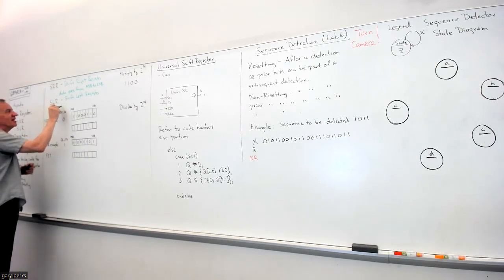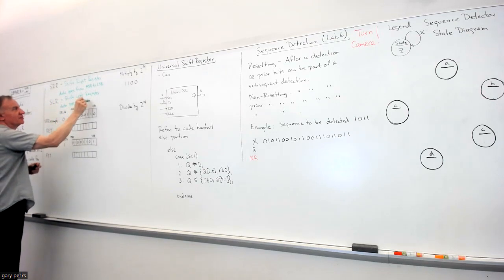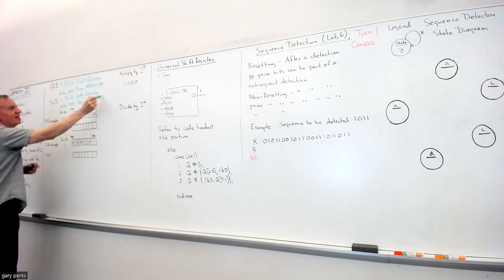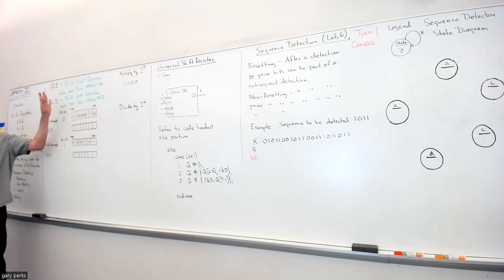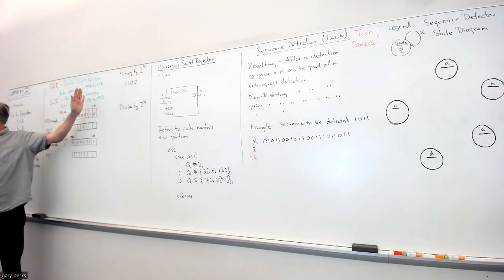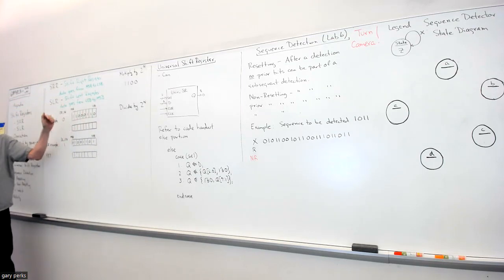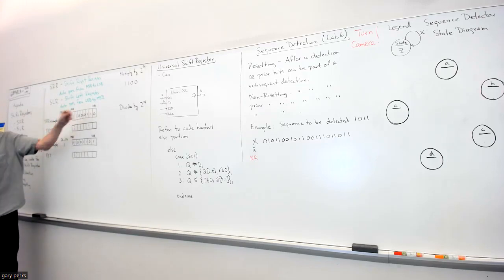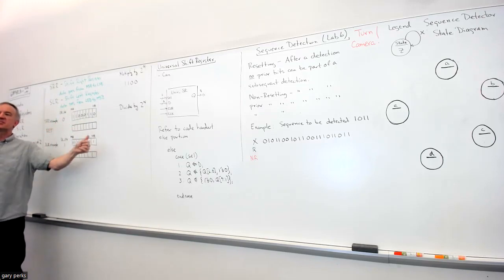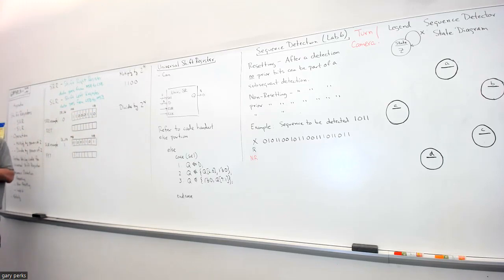So shift left, data goes from the least significant bit to the most significant. And if you think about it, it kind of makes sense, right? Because we think of the most significant bit being furthest to the left and the least significant bit being furthest to the right. So if the data is going most significant to least significant, it's going to the right. And if it's going least significant to most significant, it's going to the left.